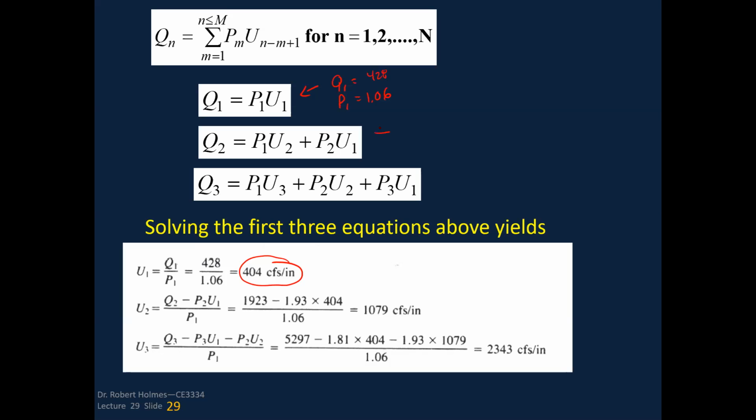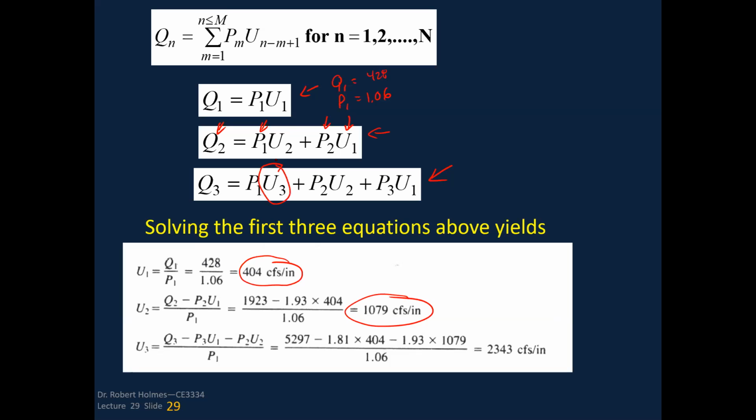Then I go to my next equation. Well, I've got P2, I've got P1, I've got Q2. There are no longer two unknowns because now I have U1 from the previous equation. So all I do is solve for U2, and that gives me 1,079. I keep proceeding through, keep walking this through. I've got Q3, and I've got only one unknown here, which is going to be U3.